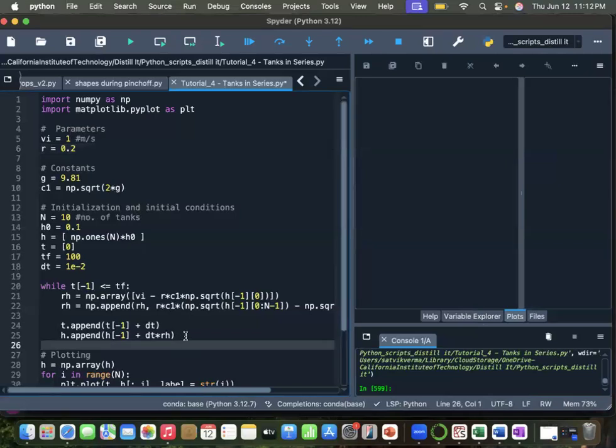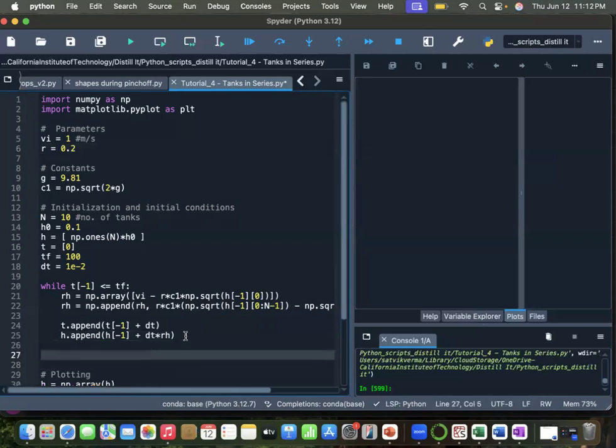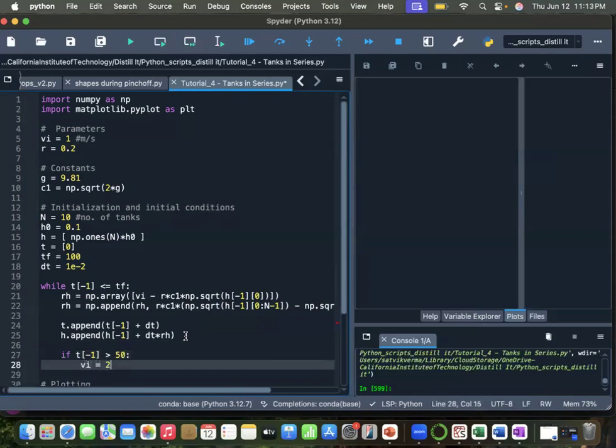So what I'm doing is that when I am reaching, let's say, 50 time units, so for all times greater than 50, I'll say that my inlet velocity would change to 2, let's say. So I could say if t minus 1 is greater than 50, I would change my vi to 2.